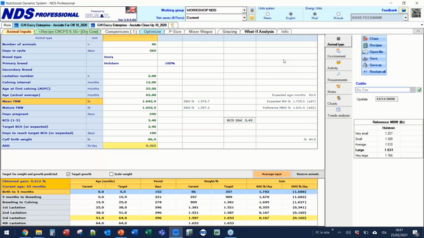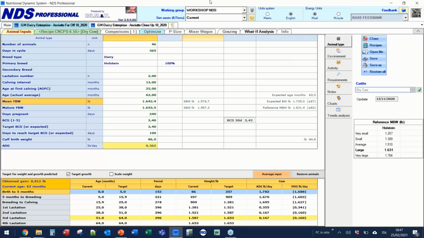The animal input and the animal characterization is something really important, even for dry cow, regardless if we are talking about far off or close up, with some small but really important differences.